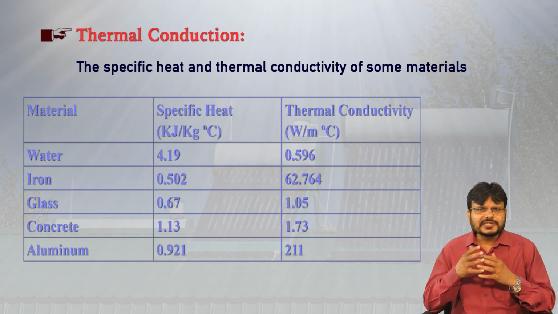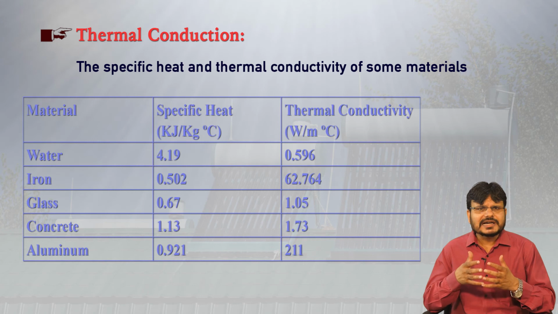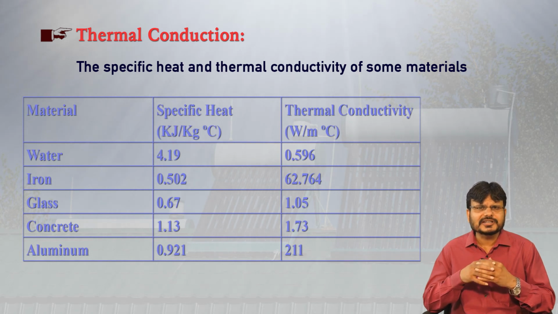If you compare the specific heat of all the materials, that is water, iron, glass, concrete and aluminum, you can see the highest specific heat is that of water, 4.19 kilojoule per kilogram degree centigrade.